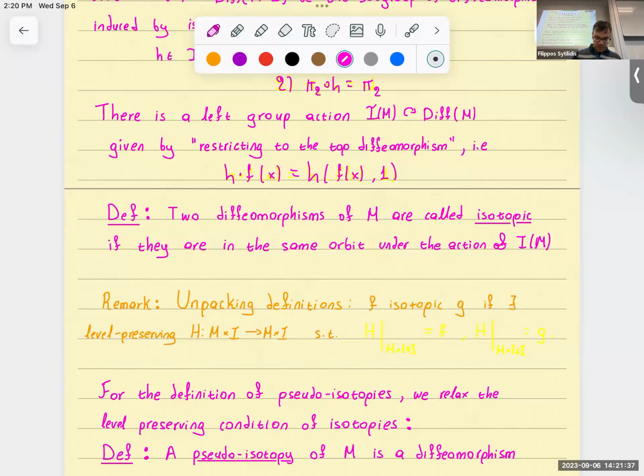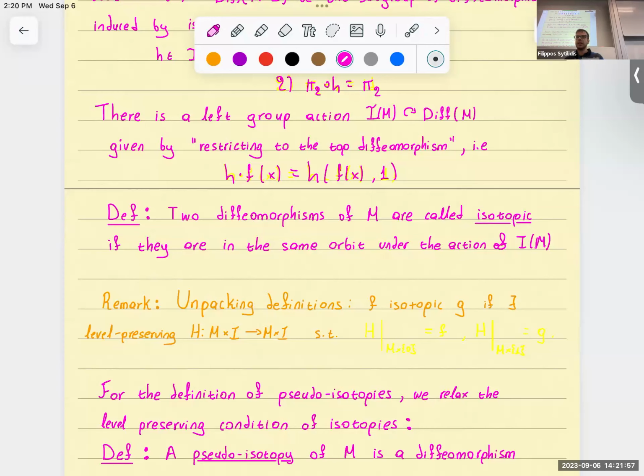Yeah, this is a bit of an overkill. The reason I'm doing it this way is because I want to make very clear the passage to pseudo-isotopies. If I only wanted to talk about isotopies, that wouldn't be the way I would choose to say it.